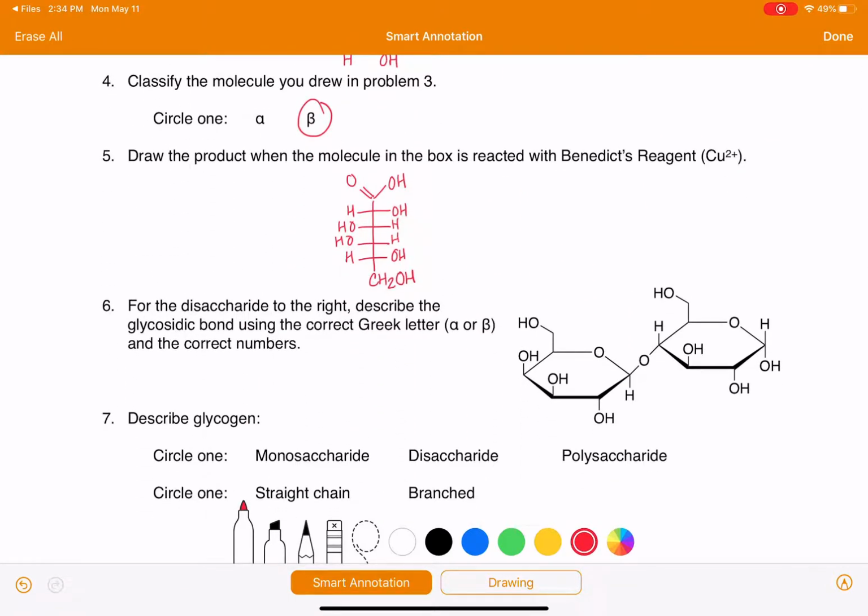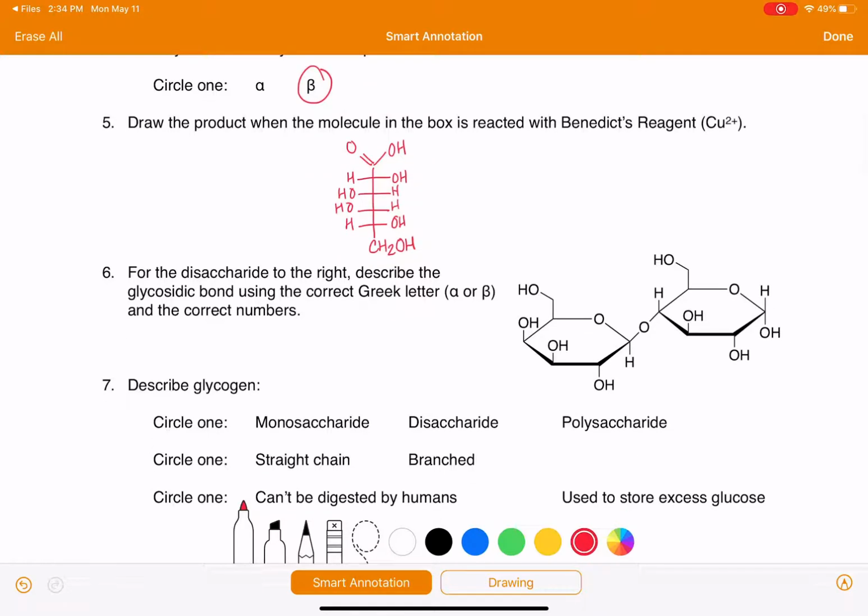For the disaccharide on the right, describe the glycosidic bond using the correct Greek letter and the correct numbers. So to do the alpha or beta, we're going to look at the 2 carbons that are involved in the glycosidic bond, and we're asking ourselves, are either one of these carbons anomeric? Are either one of them carbon number 1 of their own ring?